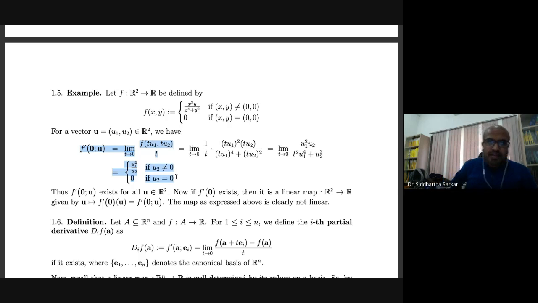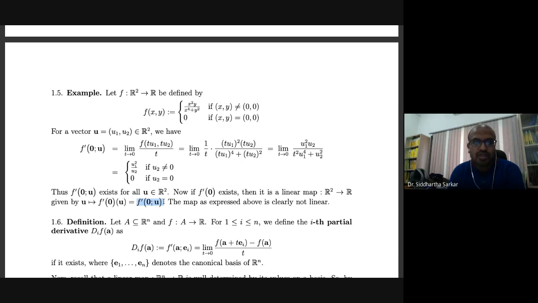But let's recall something. What we proved is that if f prime 0 exists, suppose it exists, then it has to be a linear map from R2 to R. And the previous theorem tells you it should be this map: u maps to the derivative at 0, computed at the point u, and that turns out to be your directional derivative at u.